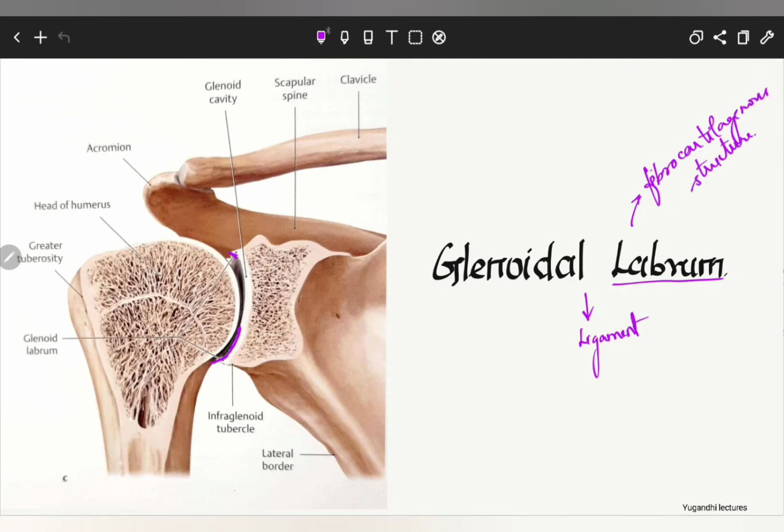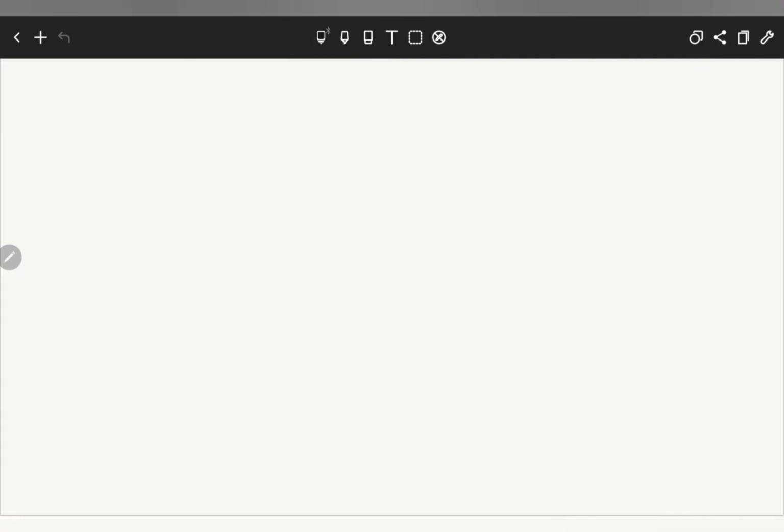So these are all the ligaments of the shoulder joint. I'm just making the list of the ligaments supporting the shoulder joint. First one is the joint capsule, that is the capsular ligament. Then anteriorly the joint capsule is supported by the glenohumeral ligaments.